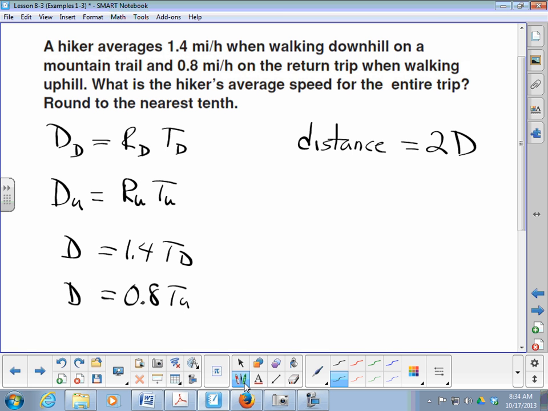Now, the big thing I need to know is how much time it took so I can figure out my average speed. So I can solve these two equations for time. The time downhill is equal to the distance divided by 1.4, and the time uphill is equal to the distance divided by 0.8.